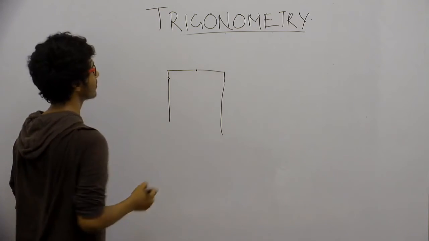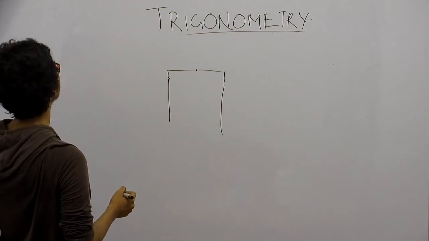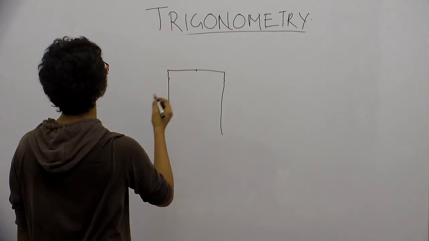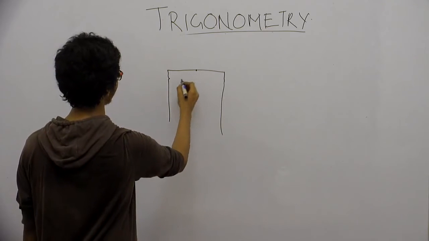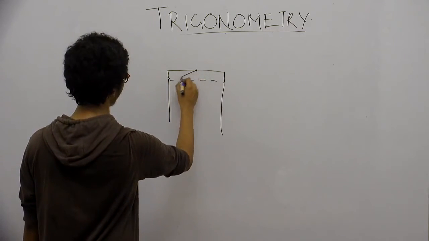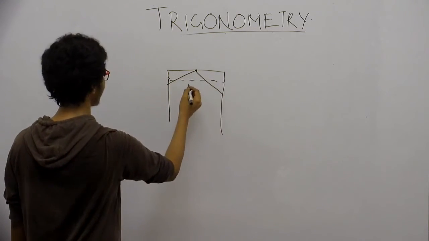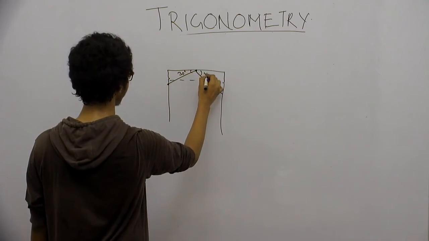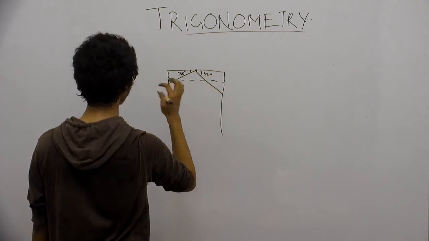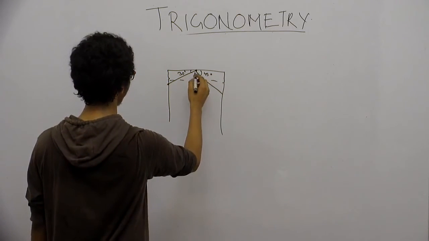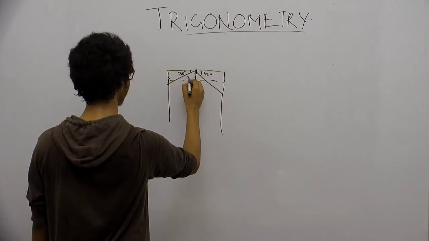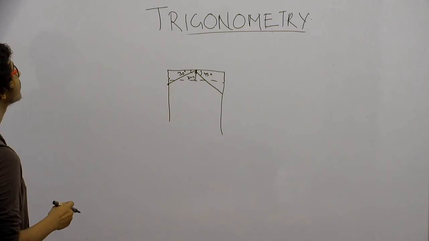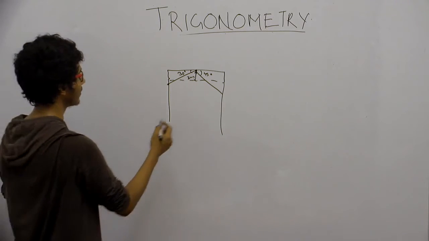From a point on the bridge, the angles of depression are 30 and 45 degree respectively, and this bridge is 3 meter above the ground. We have to find the width of the river.